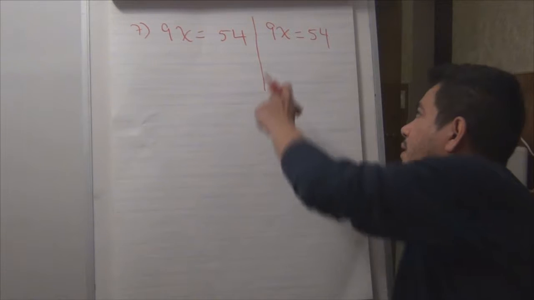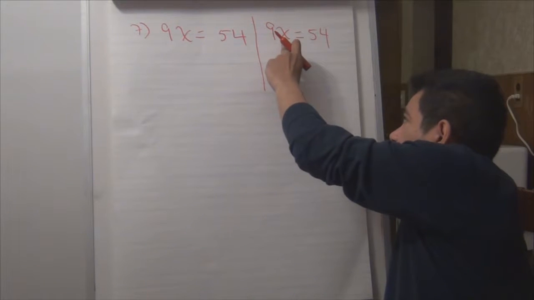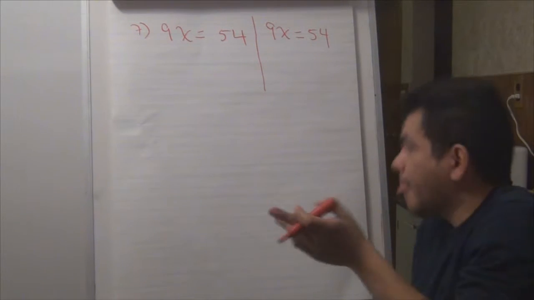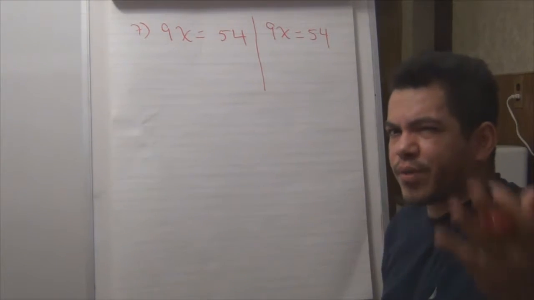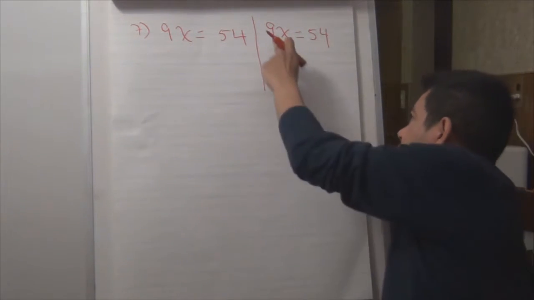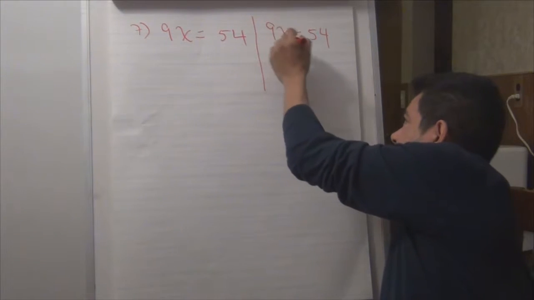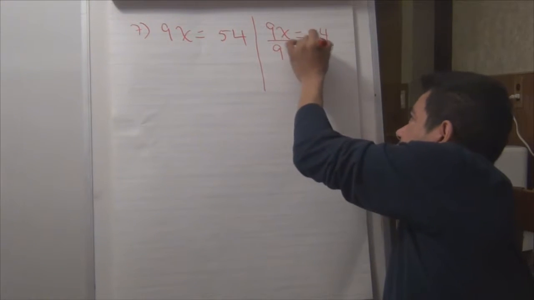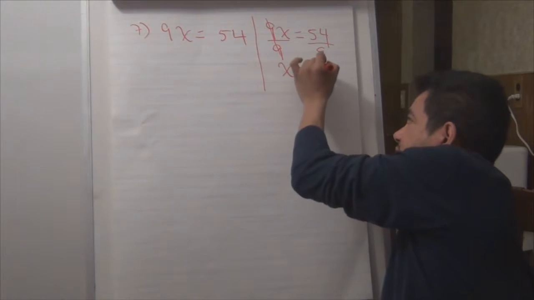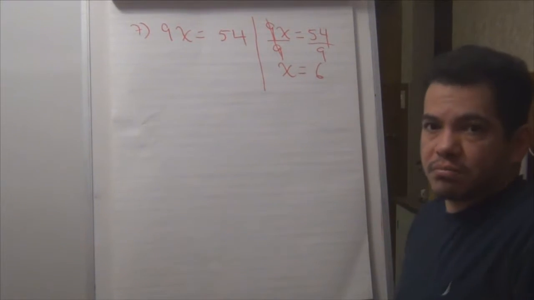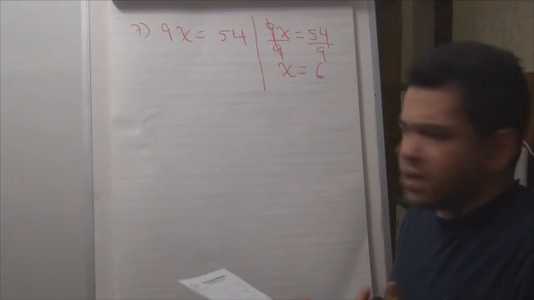So, 9 times 6 is 54, but we already know that. So algebraically, the easy way would be, all right, 9 is multiplying x, so I know I have to divide by 9. This cancels out. X is 6. So that's it. That was easy, right?